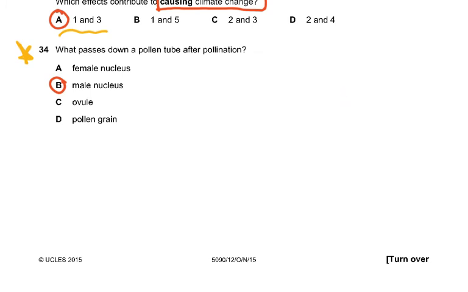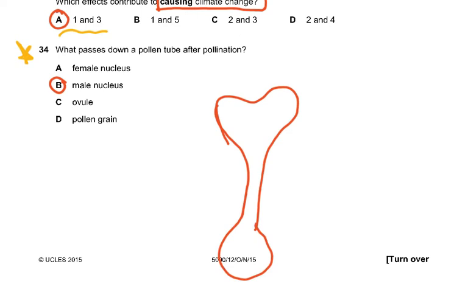which is again very difficult. It's mentioned in the exam report. Some candidates confuse the pollen grain with the male nucleus. What passes down a pollen tube after pollination? So let's just revise this very quickly. This is the stigma, this is the style, and this is the ovary, and the pollen grain lands on it, and then it releases enzymes and it digests a path, and inside this there is the male gamete nucleus.